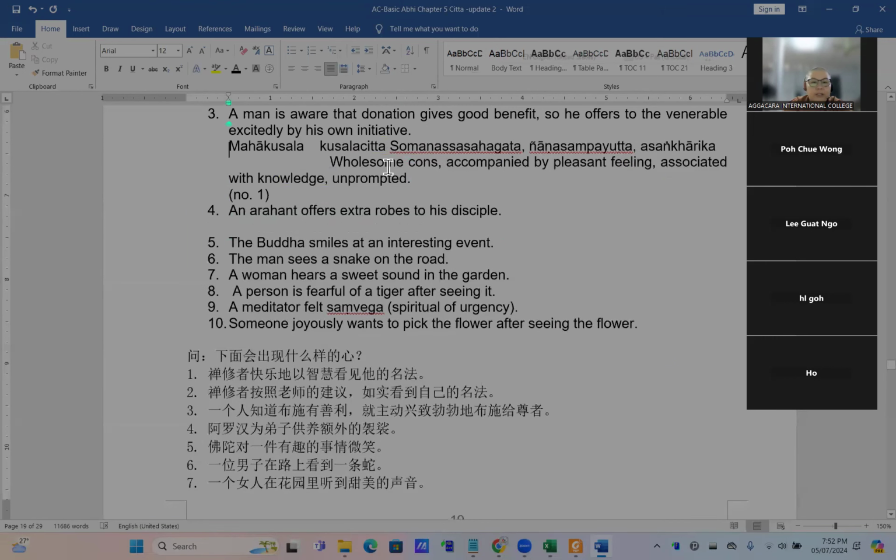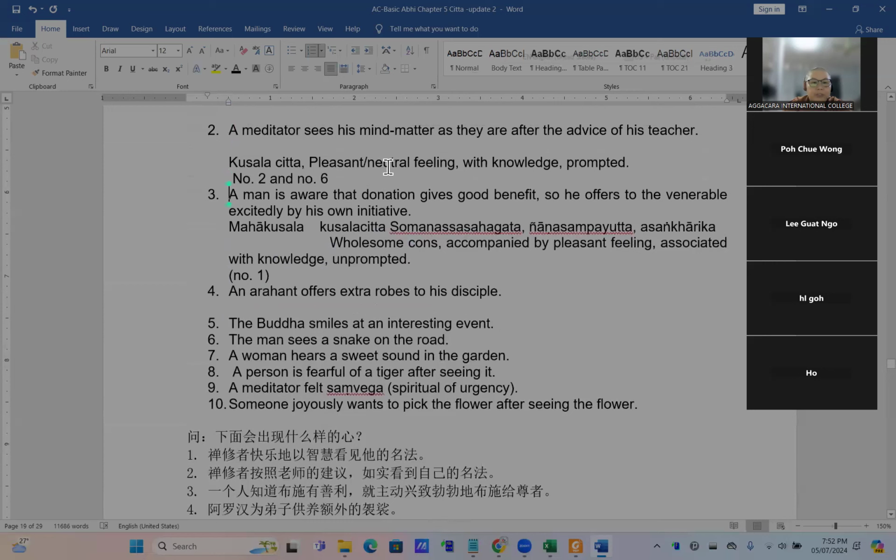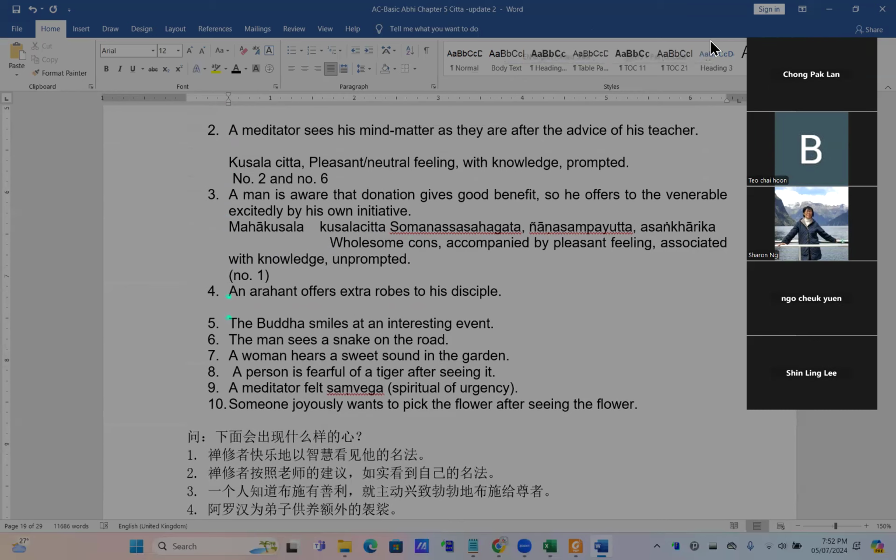So far we have been talking about worldlings, who have the Kusala Citta. Now the Arahant. Sister Ho. Now, what kind of Citta when the Arahant offers extra robes to his disciple? Is it Mahakusala?